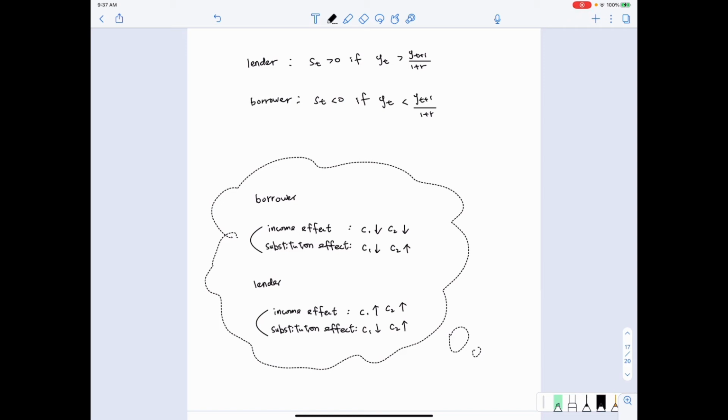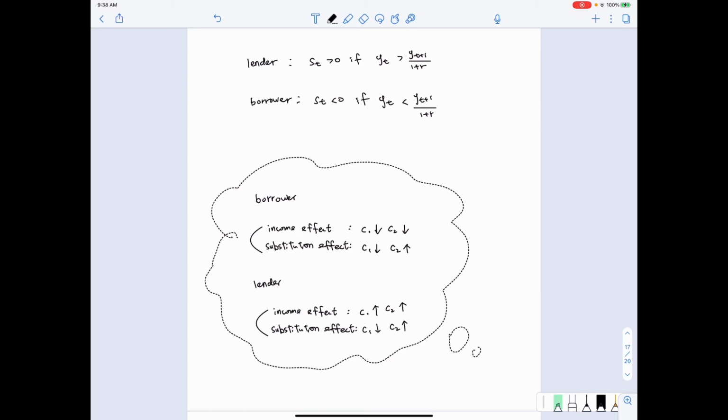But when the borrower borrows less, it doesn't mean that the consumption in the second period for sure will increase, because the total amount they pay back in the second period is the amount they borrow multiplied by 1 plus R. So when the increase of R is large, it is still possible that even though the borrower chooses to save more in the first period, the amount they pay back is not reduced. For a lender, it is the opposite.